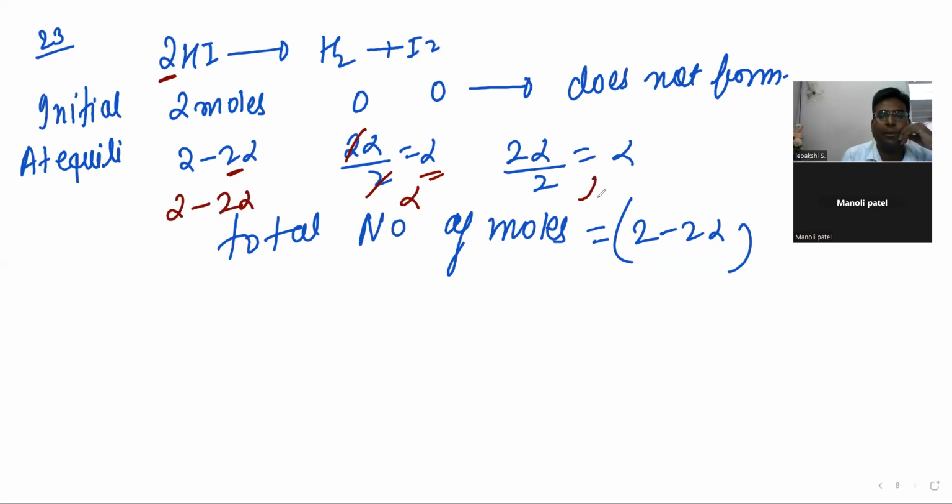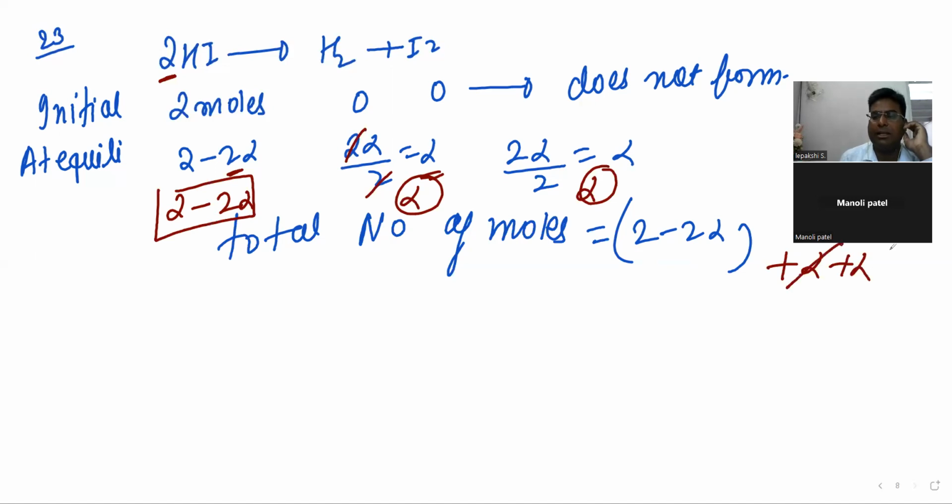This will be alpha and this will be alpha. So the total number of moles will be the addition of these 3 parts, that will be 2 minus 2 alpha plus alpha plus alpha. So this is the addition of 2 alpha, and the total number of moles will be 2 only at equilibrium. Okay, so write the answer.